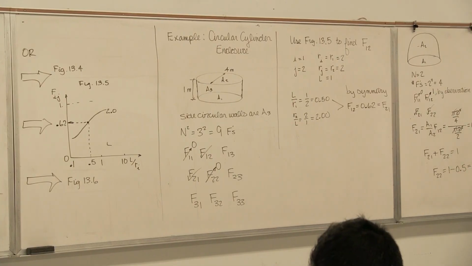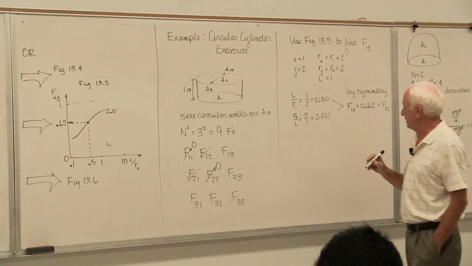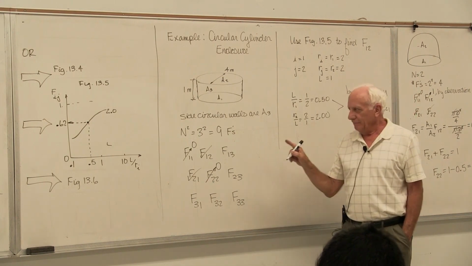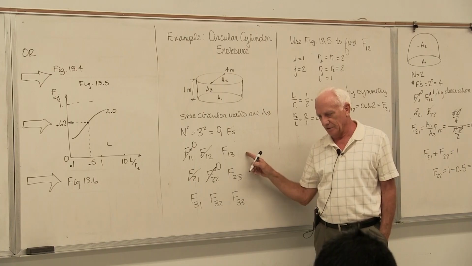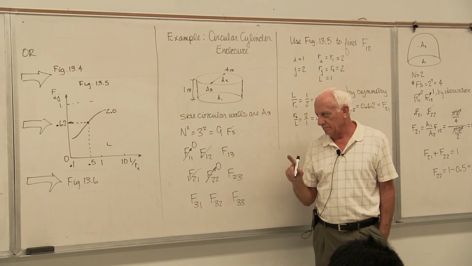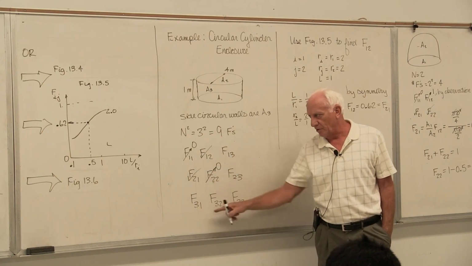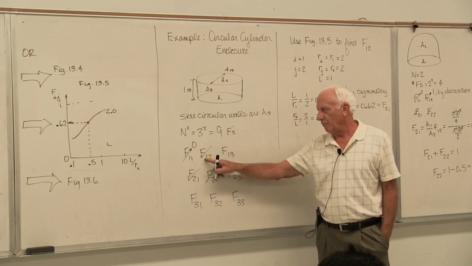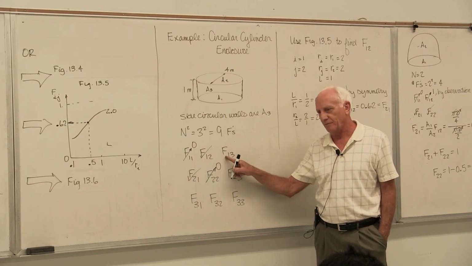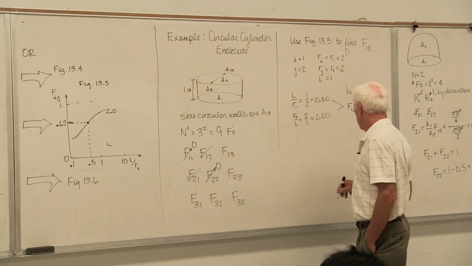Okay. I told you the rule. Every row is the enclosure law. If you see any row where there's only one unknown, you can solve directly for that unknown. That's why it's good to put it in this format, like this. Oh yeah, F11 is 0, F12 is 0.62, plus F13 equals 1.